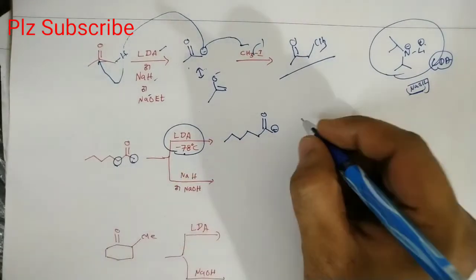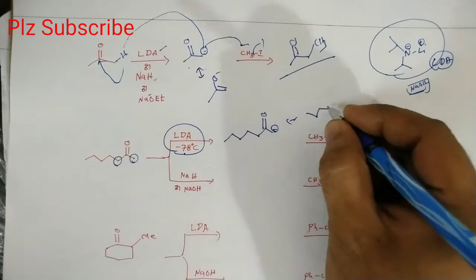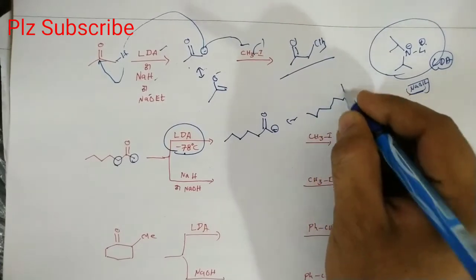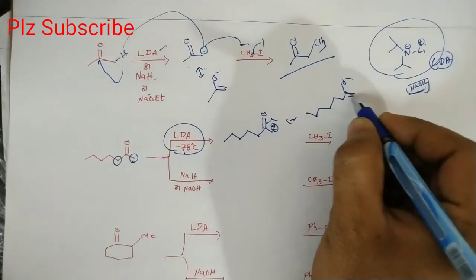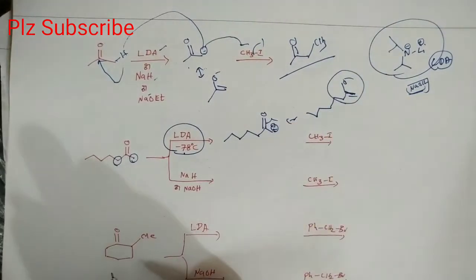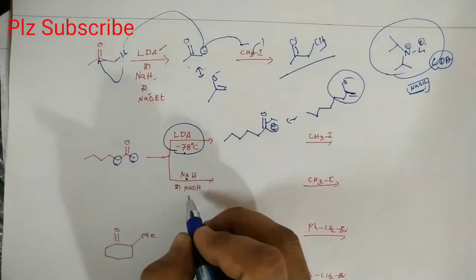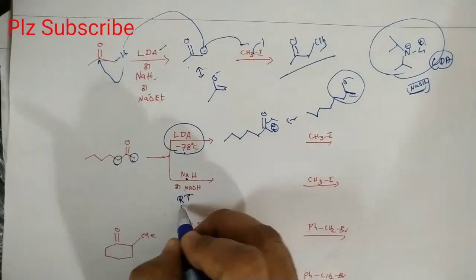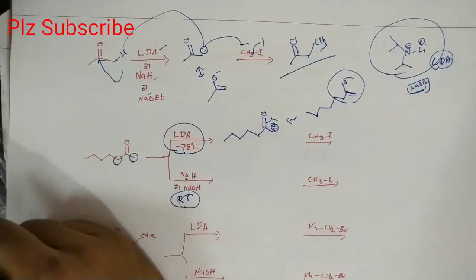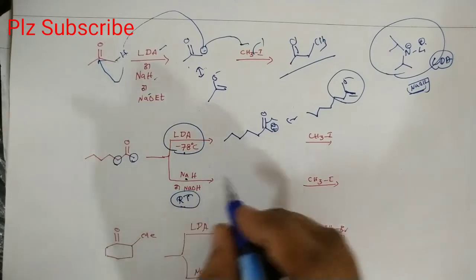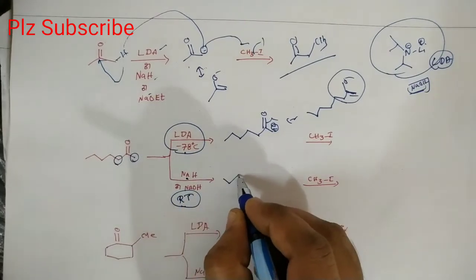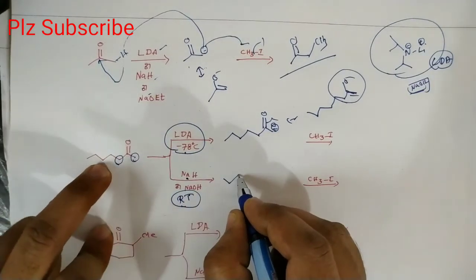Of course, it is stabilized by resonance. It is the less substituted enolate. But in the case of sodium hydride and NaOH, the reaction generally takes place at room temperature. Room temperature means we get the thermodynamically more stable enolate.